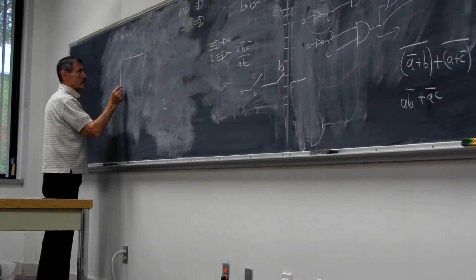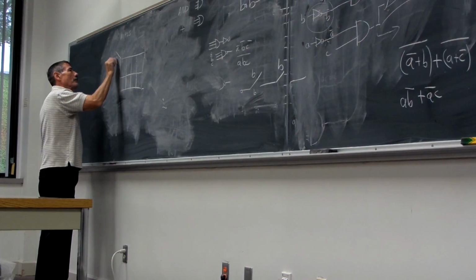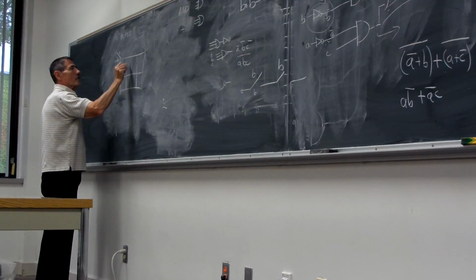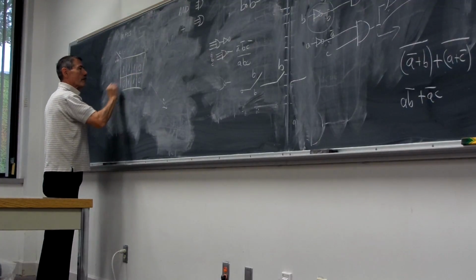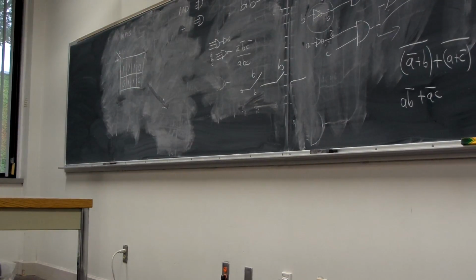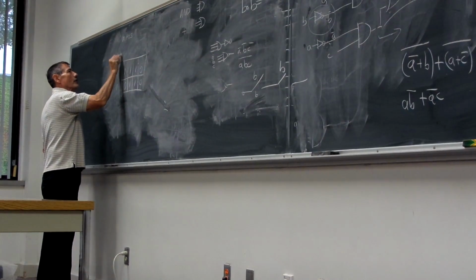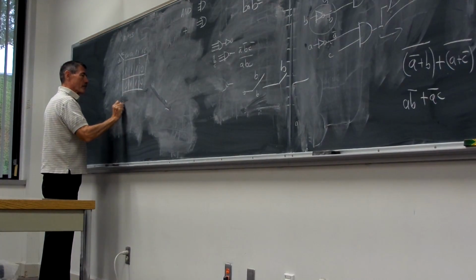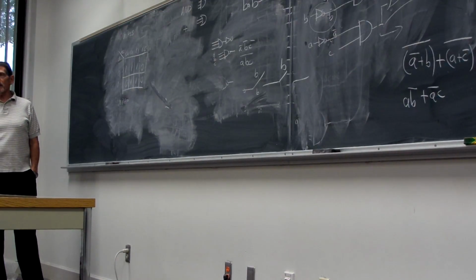We'll do 3 variables. What's the minimum product of sums solution for this thing here?